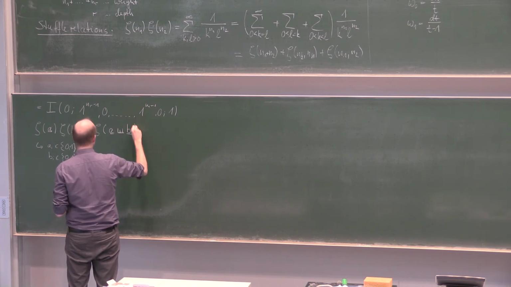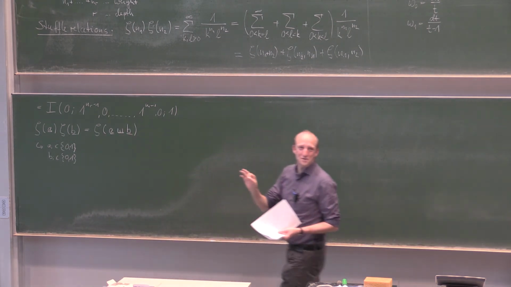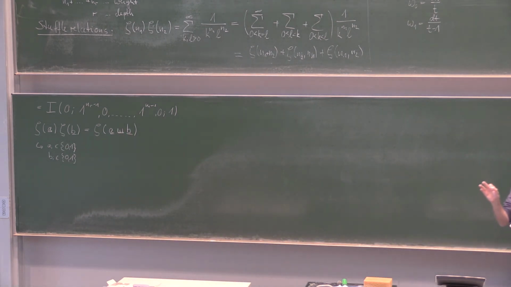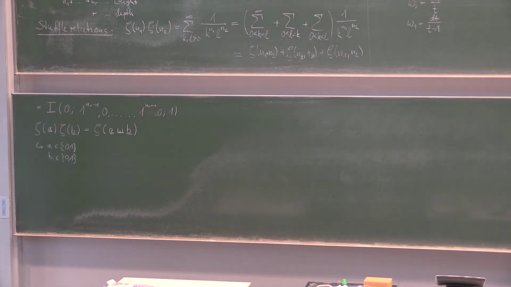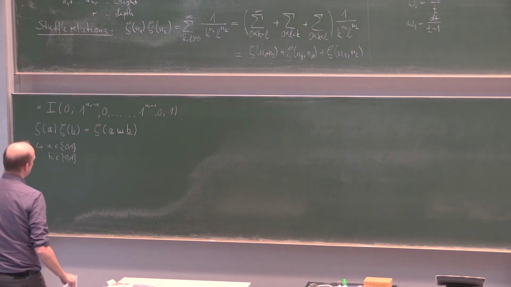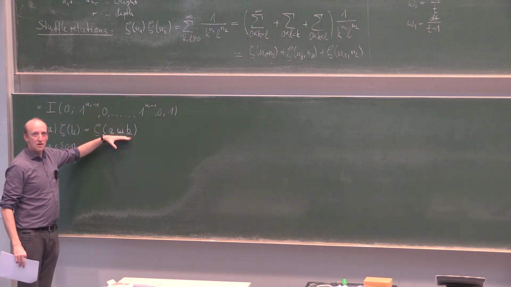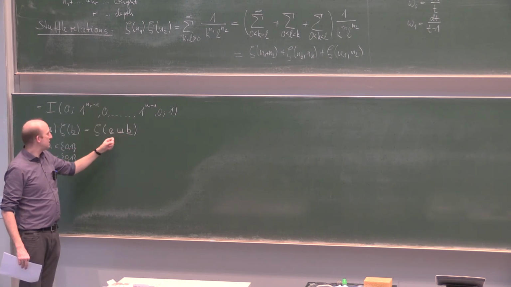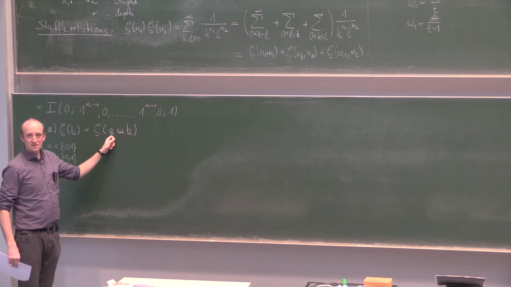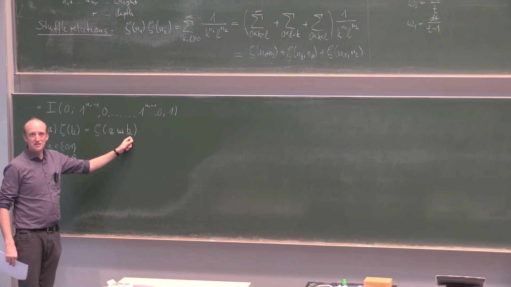of these two sets. Who is not aware of what shuffle means? Everybody knows what shuffle is. I should better say it again. So shuffling is exactly what you would expect from the name, if you shuffle a deck of cards. So this denotes the set of all permutations of A and B, where you keep the individual ordering of the elements of A and the elements of B intact.